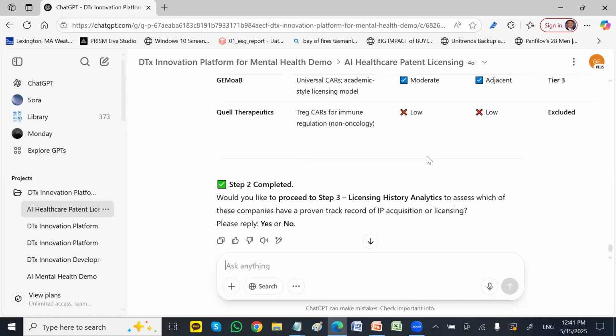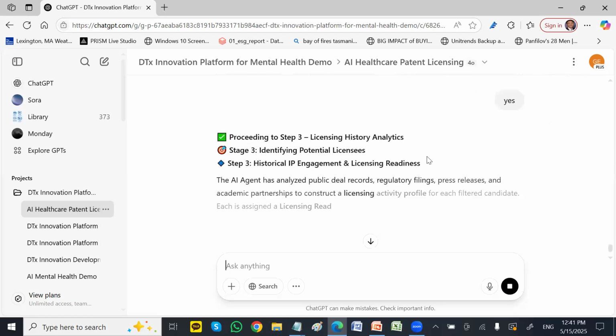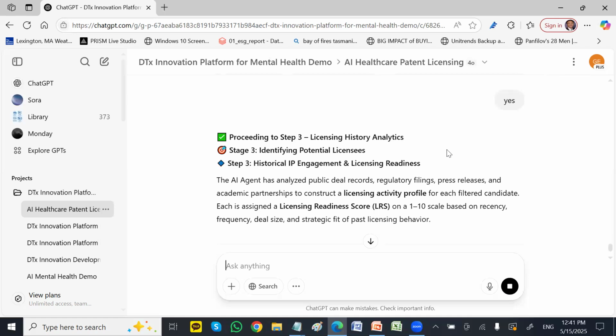And then it tries to understand, among these potential candidates, based on their previous licensing history, who might be more attractive. The beauty of this is that they are all analyzed through public disclosure information, right?